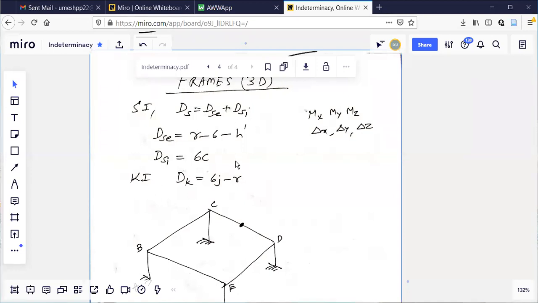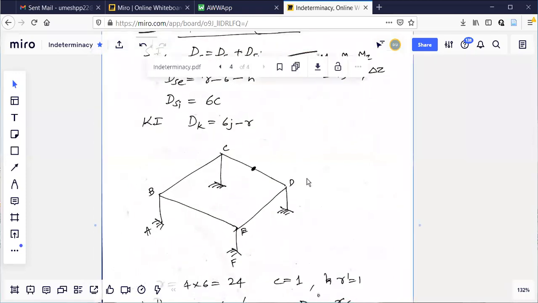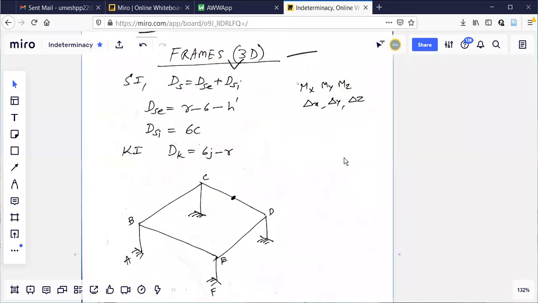Everything is almost the same except in place of 3, put 6: 6C, 6J minus R minus 6 minus H dash. So wherever 3 was there in 2D, it is written as 6 because we have 6 equations of equilibrium for a space frame. So once you know this, you can solve any problem on frames, 3D frames or space frames, like this.